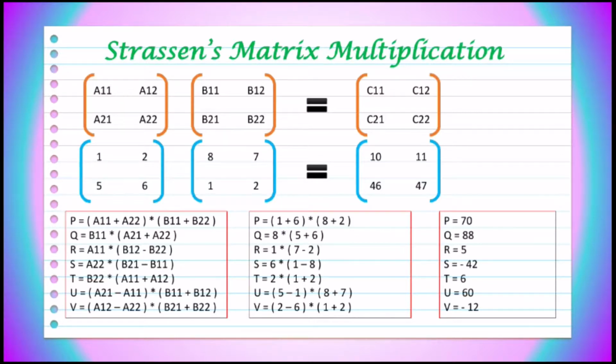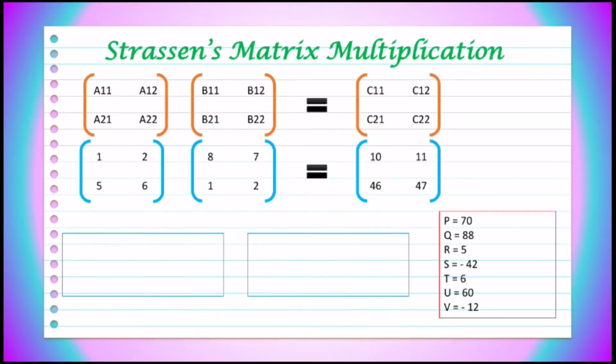So now we have got the values of P, Q, R, S, T, U and V. So by using these values we can calculate C11, C12, C21 and C22. So to calculate C11, C12, C21 and C22, there are formulas. So C11 is what?